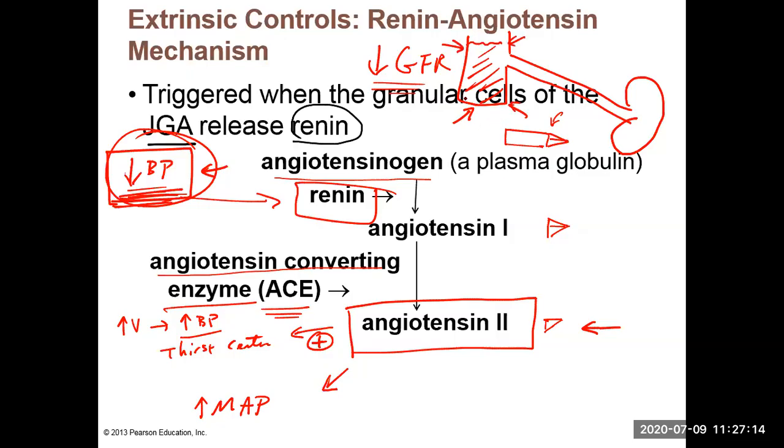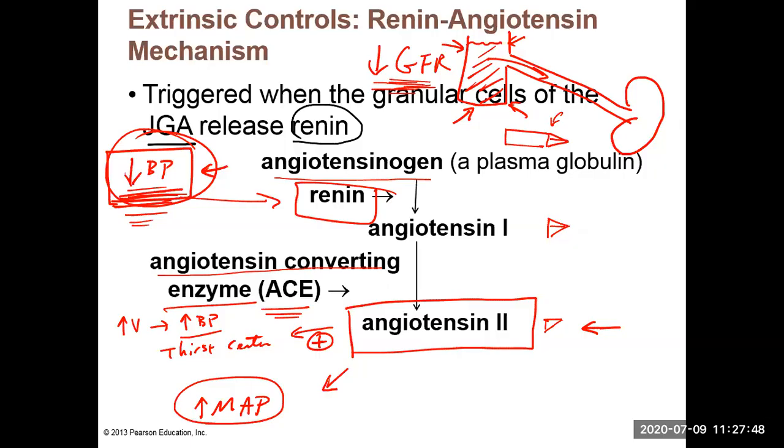Kind of the same thing as squeezing other areas. So if you're squeezing other blood vessels, what happens? There's going to be more flow in here, and that's the idea behind it. All right, so increasing the MAP is going to increase the blood pressure and therefore is going to also increase the GFR. And that's what we want, because during low blood pressure, you had the low GFR.